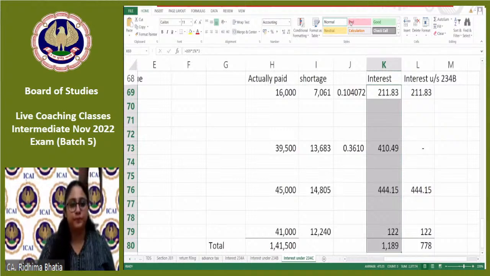Good. See, you were the first one to give 1189, but that was not correct. I hope you got it right. Chalo, great. So with this, 234BC clear?